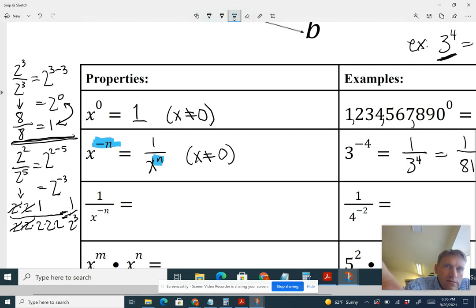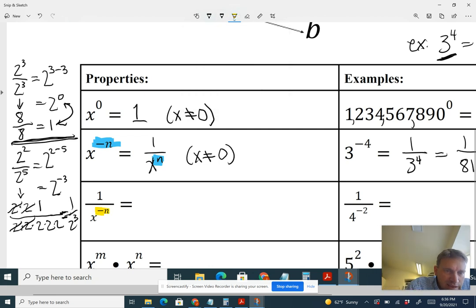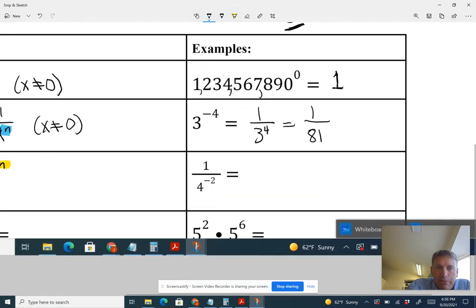Well, if it's negative down here in the denominator, then it becomes positive. We've got x to the regular n power up in the numerator. And so let's see what that looks like over here in this example. 1 over 4 to the minus 2 is the same as 4 to the second power, and that would be 16.